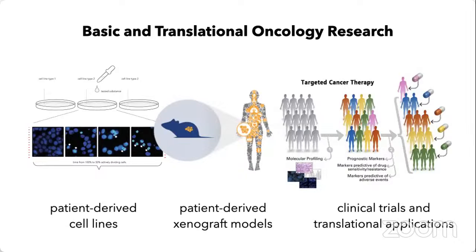So we will be using data sets from patient-derived cell lines, and we will be using data sets from patient-derived xenograft models, and we will be using data sets from patients themselves. So all these three different data sets will give you an overview of what are the methods that you have to understand and compile to analyze the transcriptomics data from three different sources, all of them culminating into one single aim to understand disease biology of tumor cells, right?